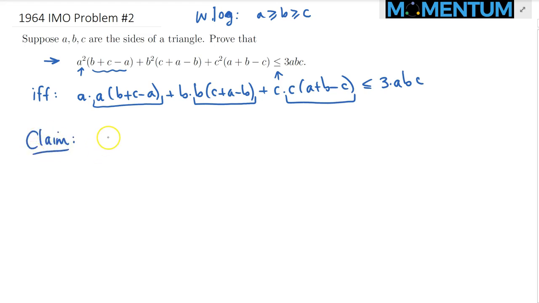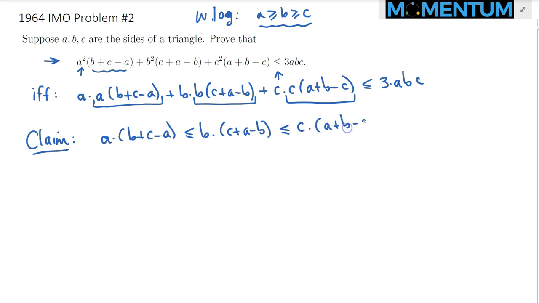I claim that A times B plus C minus A is less than or equal to B times C plus A minus B, which is further less than or equal to C times A plus B minus C. Let me go ahead and prove this claim first, and then we'll come back to our original inequality.